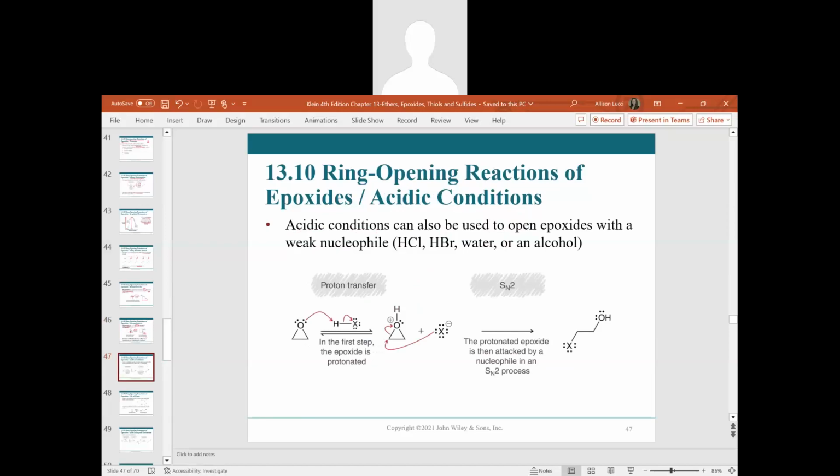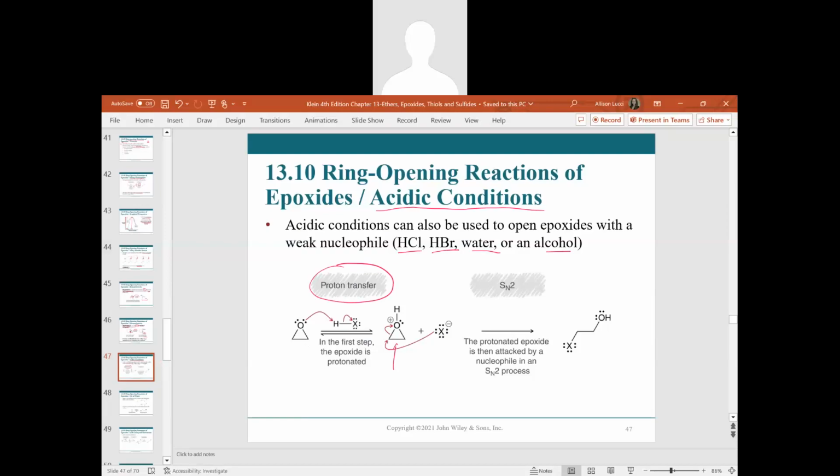So this is specific when we have acidic conditions used to open epoxides in addition to those strong nucleophiles. So what we here see is in this first step, we have a proton transfer. So HCl, HBr, water, or alcohol could all be used in these processes here. So first we have this proton transfer.